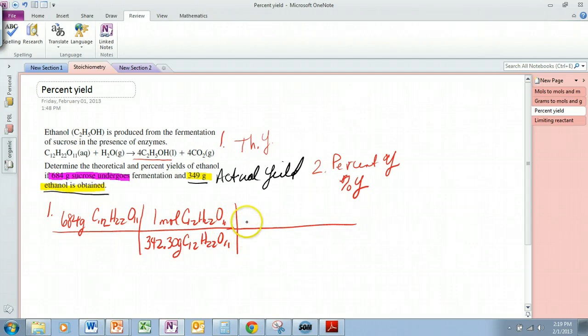And this equation is balanced, so I'm going to say for 1 mole of C12H22O11, there are 4 moles of C2H5OH.